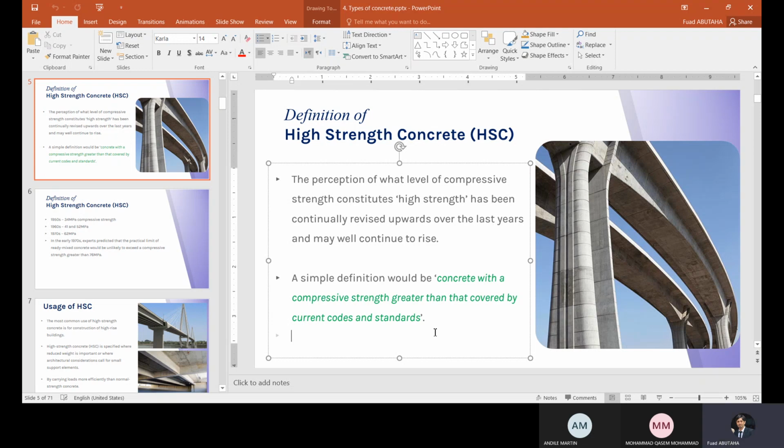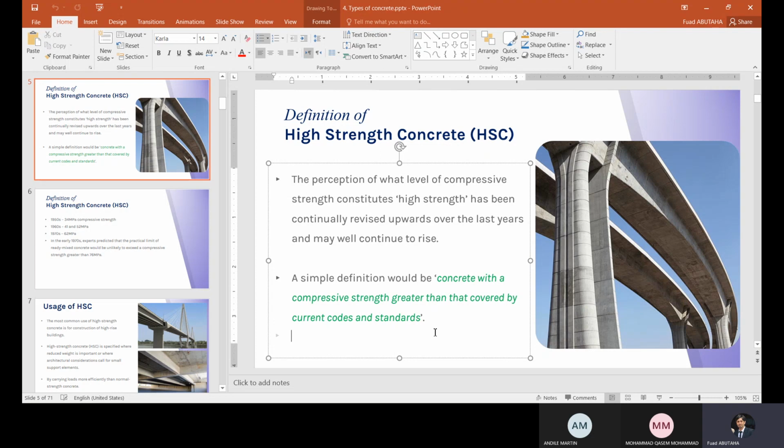and the only change between these two mixes is that one of the mixes uses a maximum size of coarse aggregate up to 14 millimeters, while the other mix uses a maximum aggregate size of 20 millimeters.